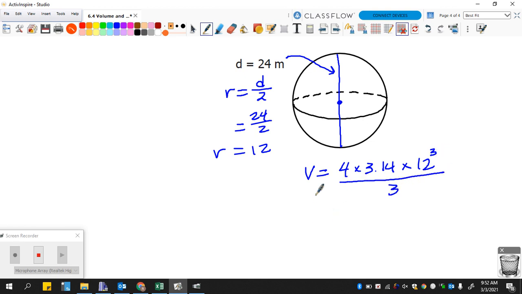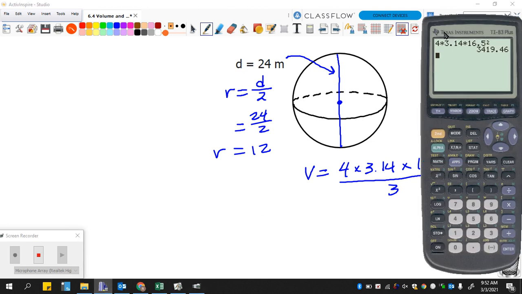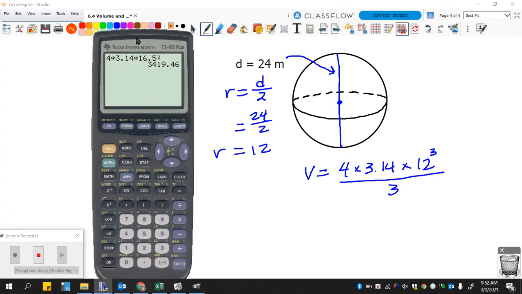Okay, so when we plug that into our calculator, move my calculator over to this side. So we use the parentheses. Let me clear it out.